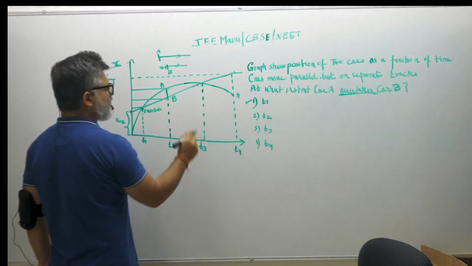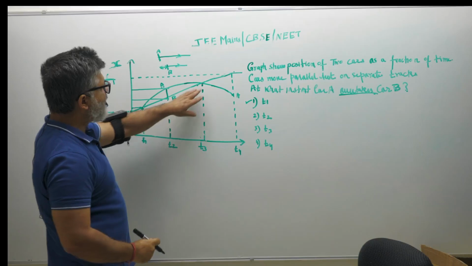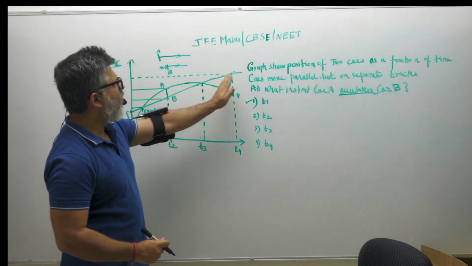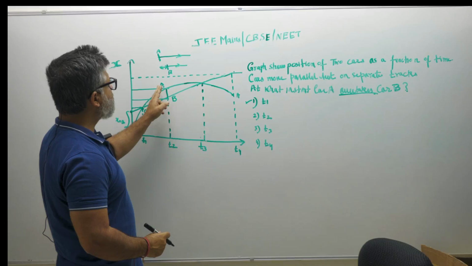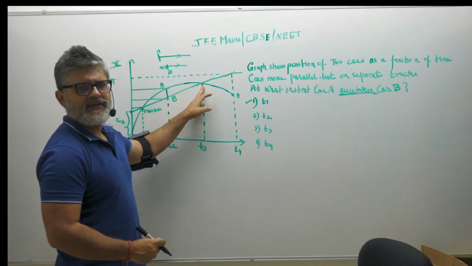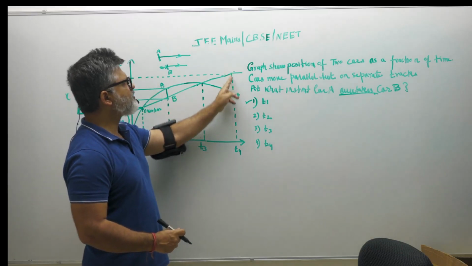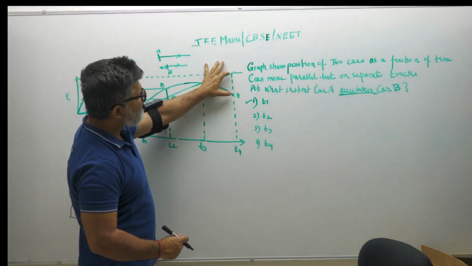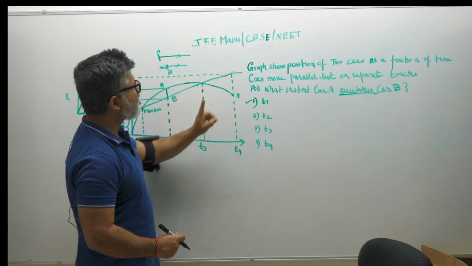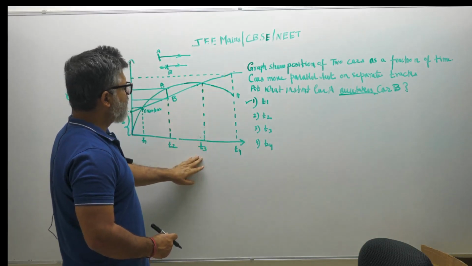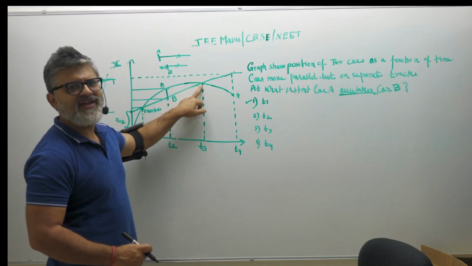But let's analyze what is happening at T3. At T3 and onwards, the position of B is always higher than the position of A. You can see the position of B is this extra after this particular time period. And therefore, what is the significance of T3?